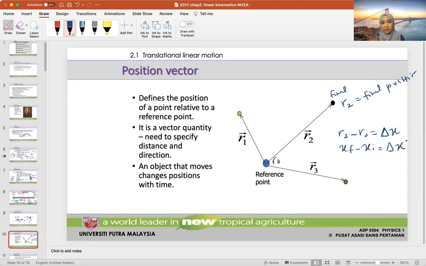So R dengan X ni interchangeable lah, boleh pakai dua-dua, tak kisah. Sama je. Kadang-kadang they will also use S to denote displacement. So these are the three symbols lah that they use for position, displacement. They use it interchangeably. But I am more comfortable with X. So banyak textbook and banyak equation akan pakai X lah.